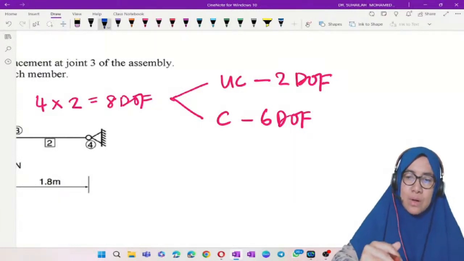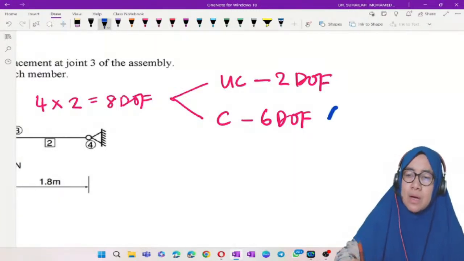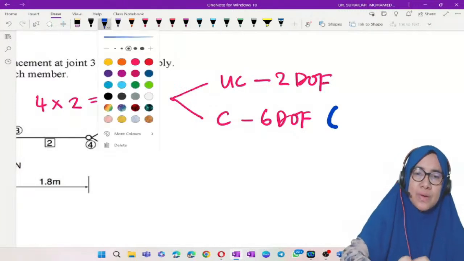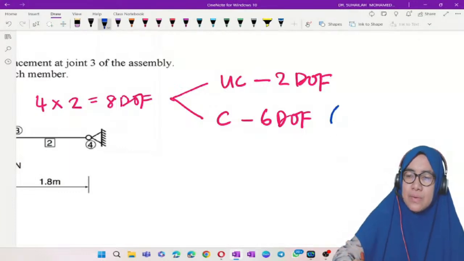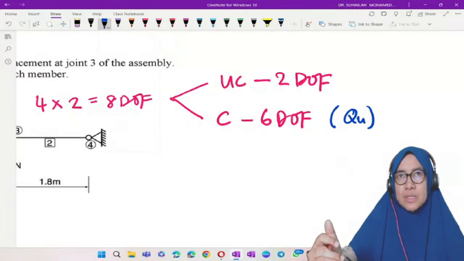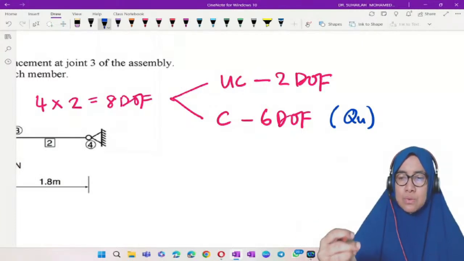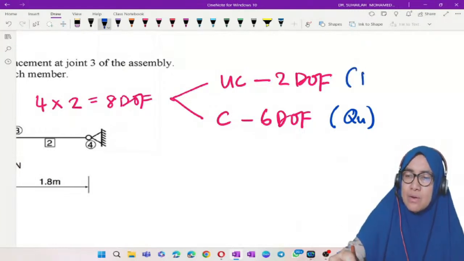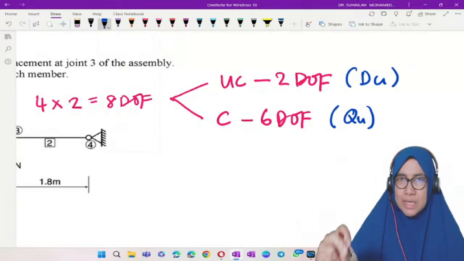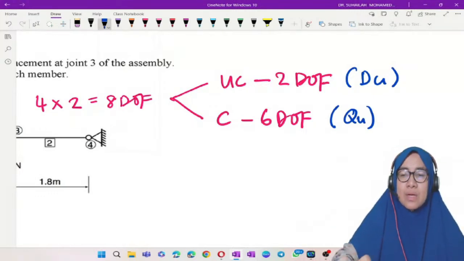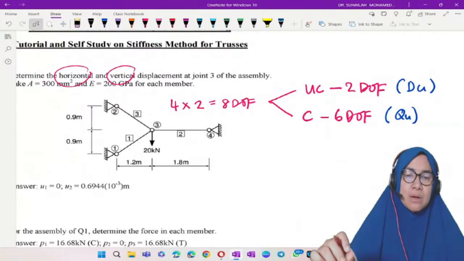In the constrained system, the 6 degrees of freedom refer to unknown reactions, QU, unknown reactions. And the 2 degrees of freedom in the unconstrained system refer to unknown displacements, DU. Unknown displacement is DU, D unknown, Q unknown, unknown reaction, based on the support condition.